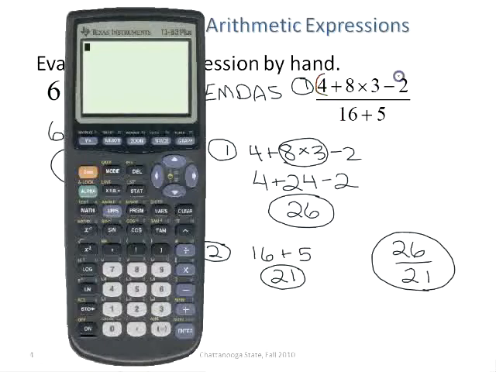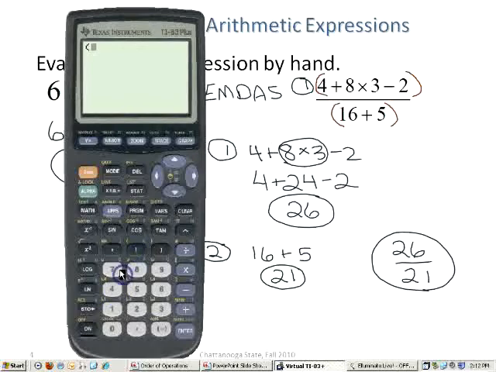I need to put parentheses around the numerator of my fraction and around the denominator of my fraction when I put it into my calculator. So this will be parentheses 4 plus 8 times 3 minus 2, close the parentheses, divided by parentheses 16 plus 5. Close those parentheses. Oops. Let me go back. That should be 16 plus 5.